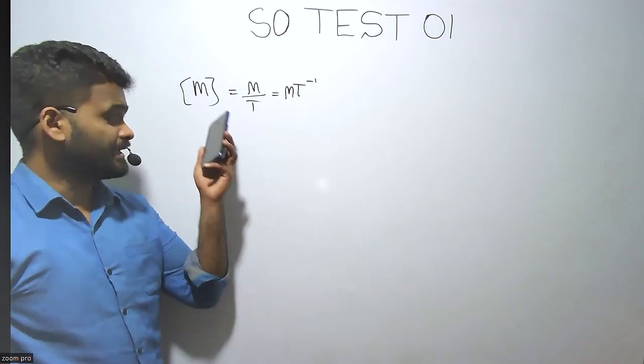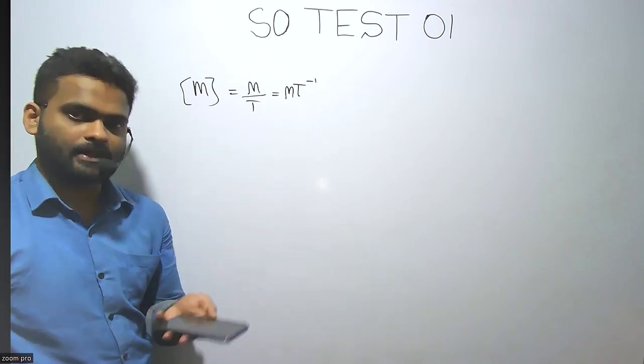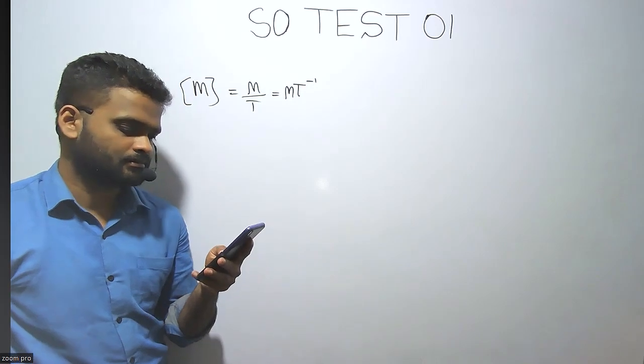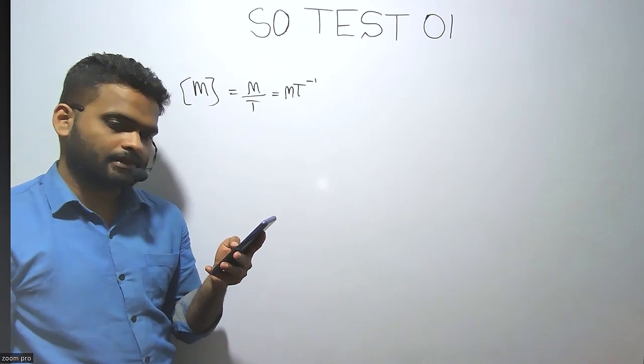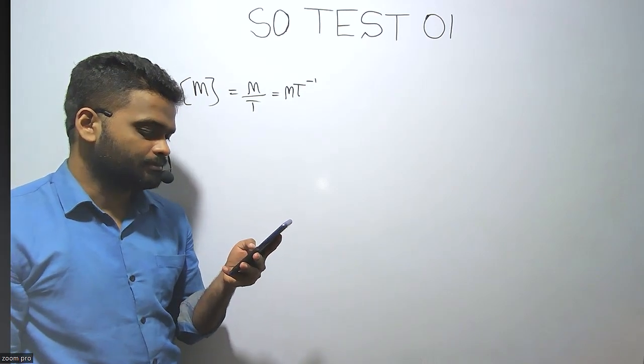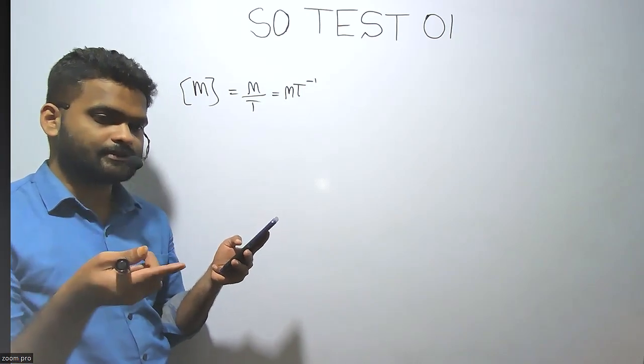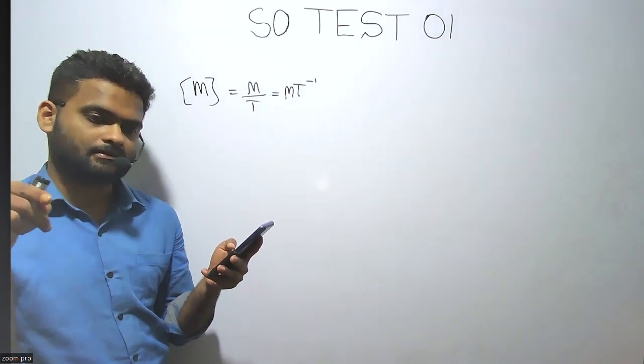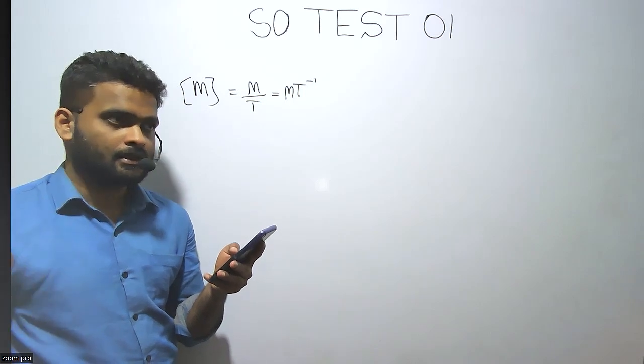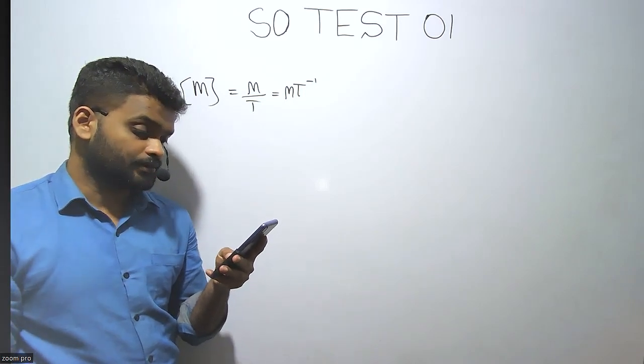Even though they say that is just simple M, they have defined that to be a mass rate. So M is MT minus 1. Or in units, it could be kilograms per second. That is a unit for mass flow rate.